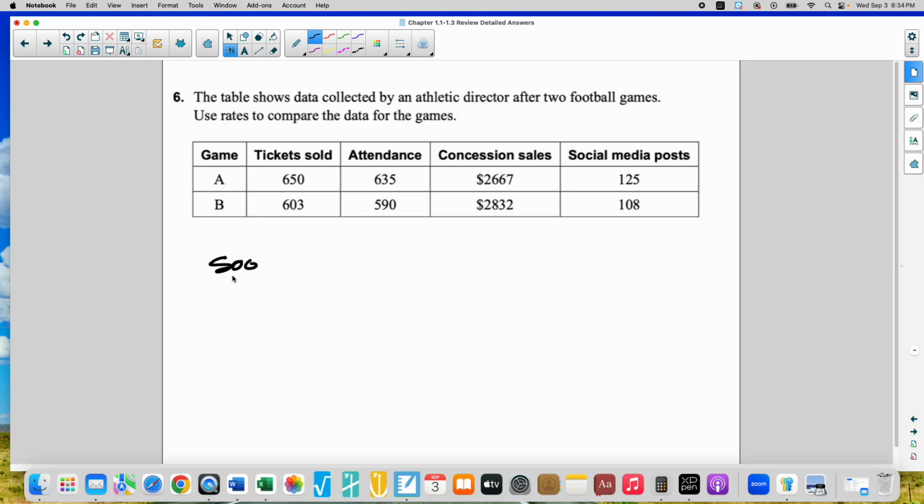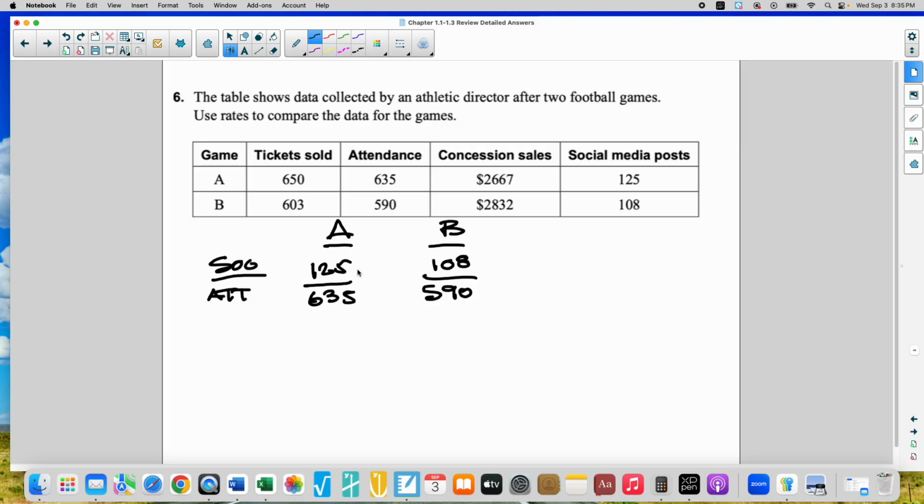So social per attendance. So we'll do game A and game B. Social media is 125, and the attendance was 635. For B was 108 posts and 590 at that game.